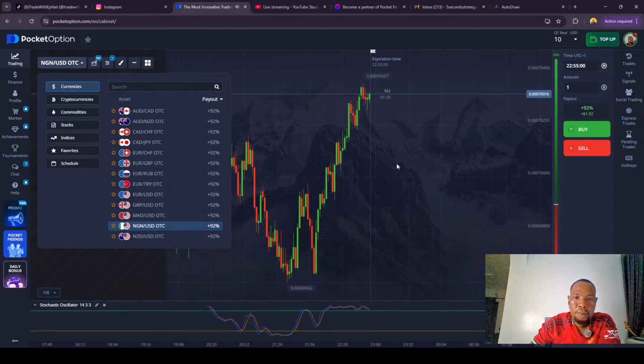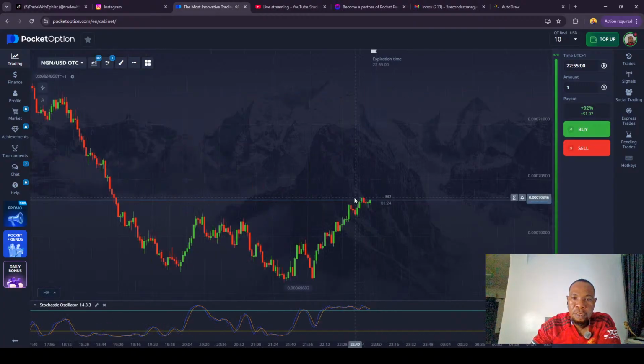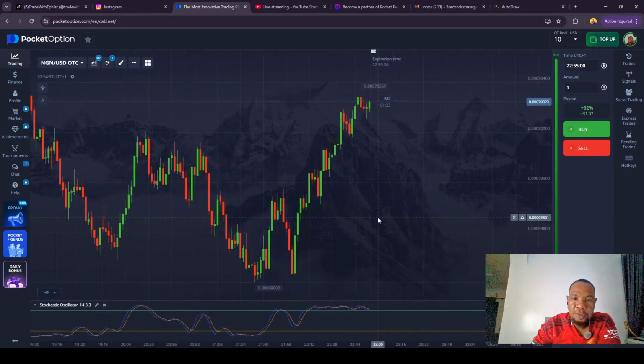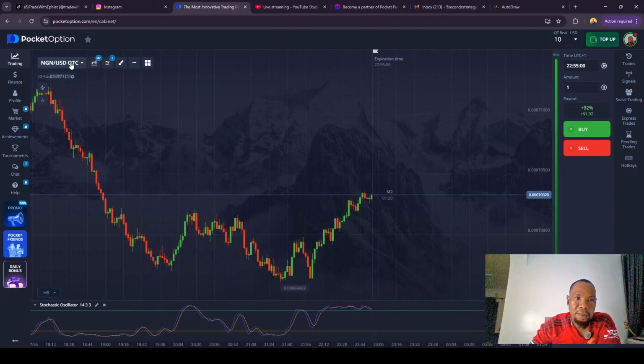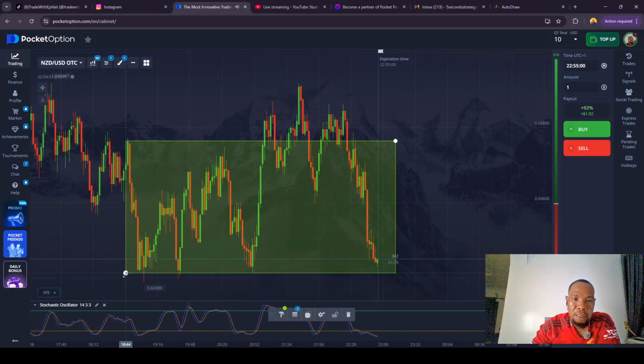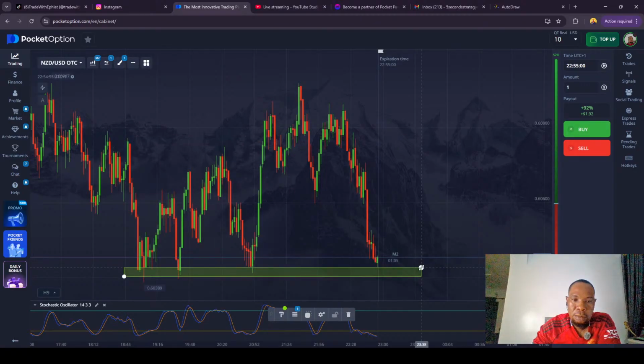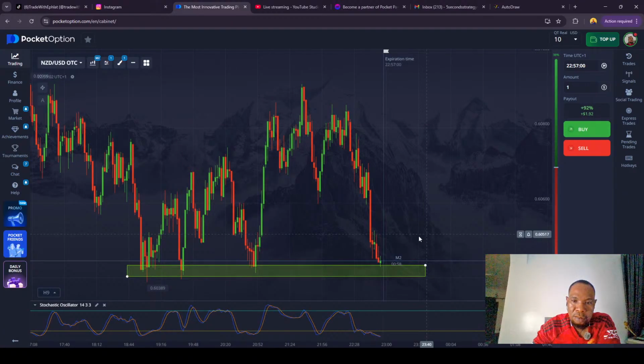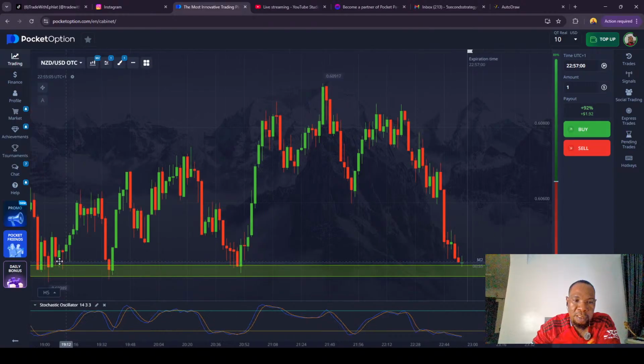All right, so guys, I'm going to start trading my $10 for today. Let's see how it will go. So from my explanation, you can see that this is a support region. It means that price is bouncing off this region.